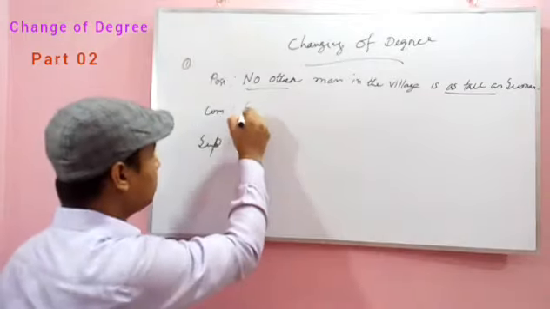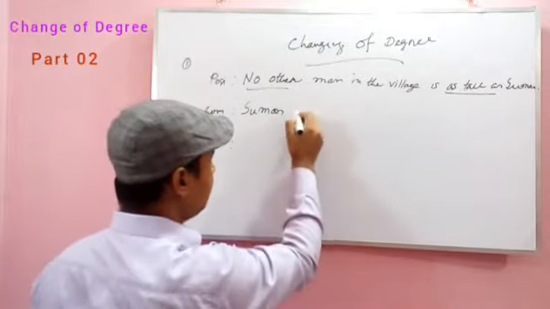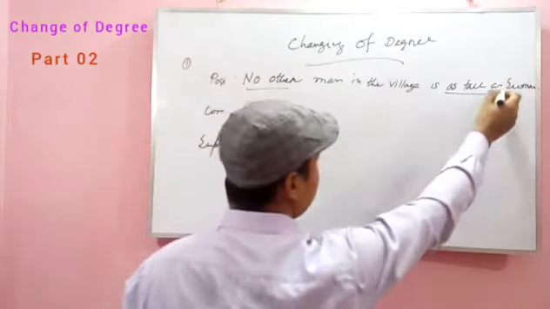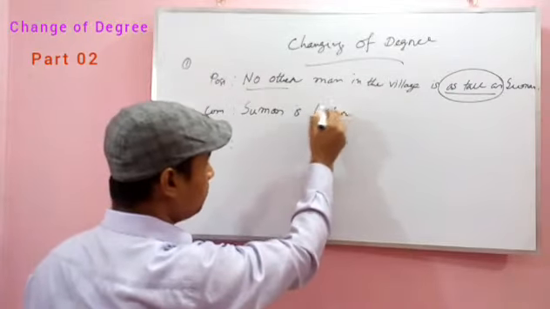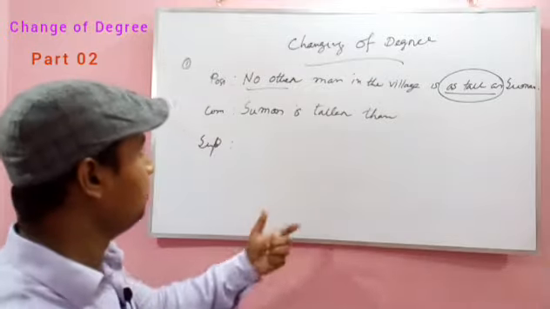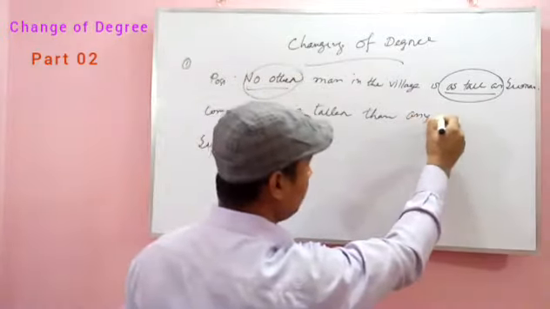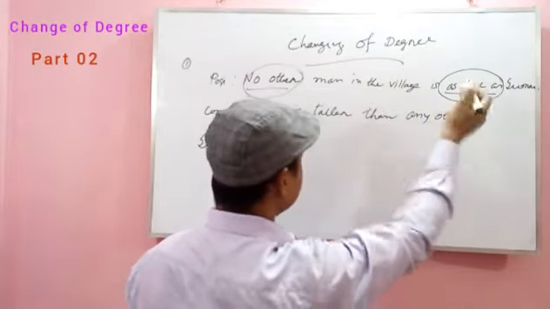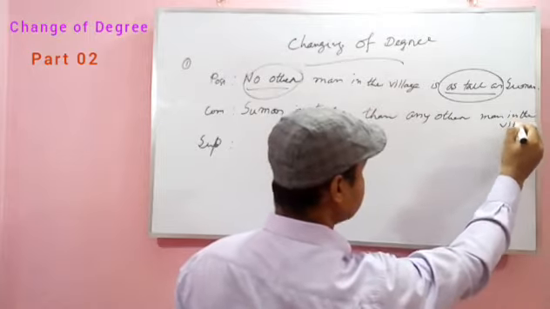So Shumon is, then this part changes into taller than, then no other changes into any other, then the other part, man in the village.